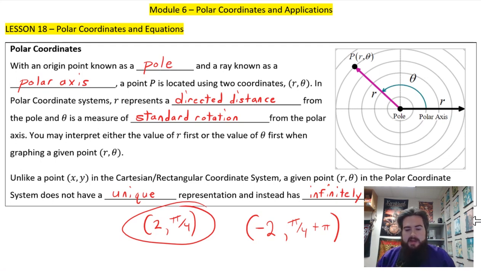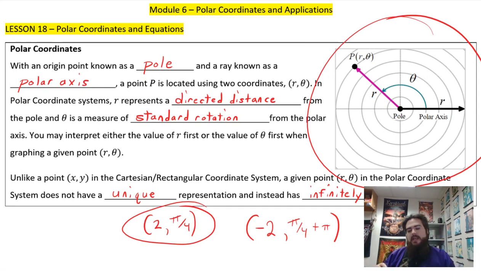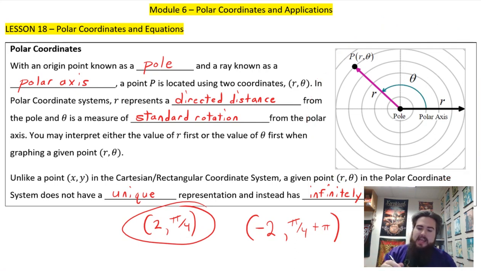One final note I'll make about this real quick is that the picture that I have up here for the polar coordinate system, note that technically the only things that are actually part of the coordinate plane for polar coordinates is just the pole and the polar axis. We tend to just draw these traced circles for convenience, as well as these vertical and horizontal lines that look kind of like the x and y axes.